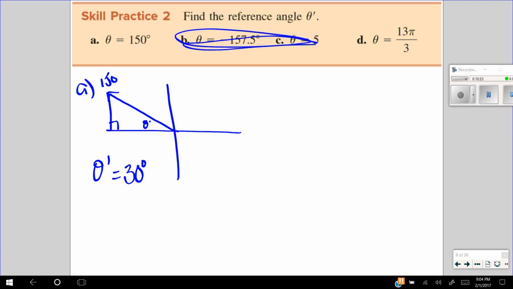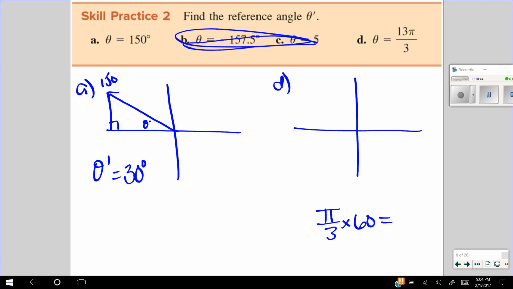13 pi over 3. Well, you should know that pi over 3 is 60 degrees. So every 60 degrees is 1 pi over 3. So I do 13, because there's 13 pi's over 3, times 60 degrees, and that gives me a total of 780 degrees.